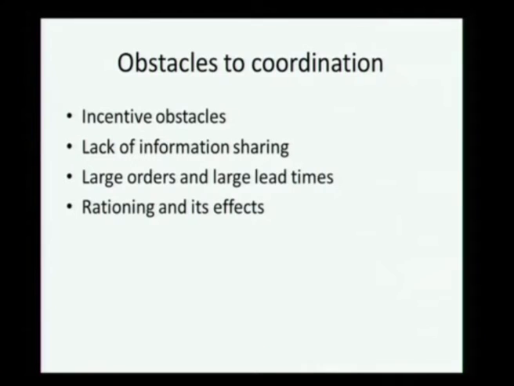Four obstacles to coordination are listed here. One is incentive obstacles. Many times through discounts or through other incentives, when we make purchasing decisions, we end up buying a large quantity, much more than what is required, simply because of certain incentives and discounts that we would get.